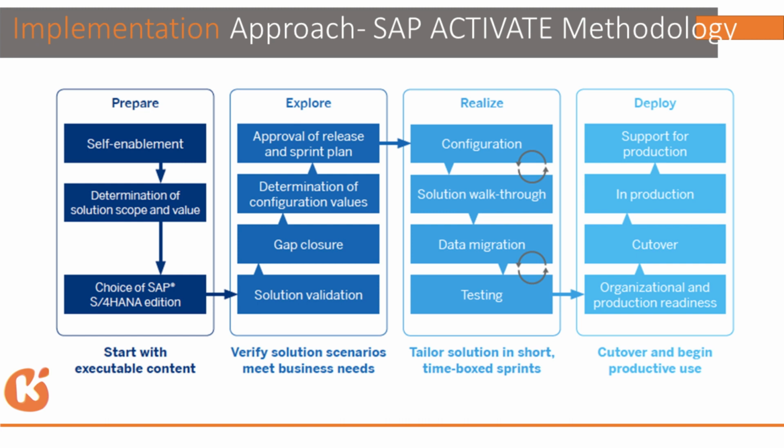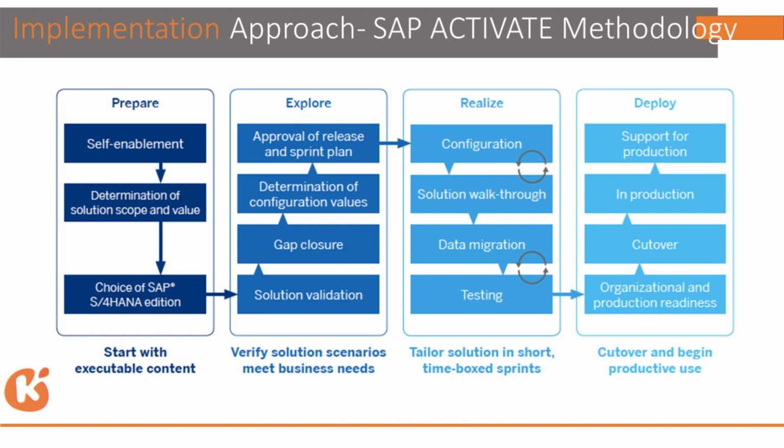Now the next slide is the methodology which I mentioned. For C4C, the preferred methodology is called the Activate methodology. This is very important to implement any cloud application, and it is also called the hybrid agile methodology. In this methodology we have four different phases: prepare, explore, realize and deploy.